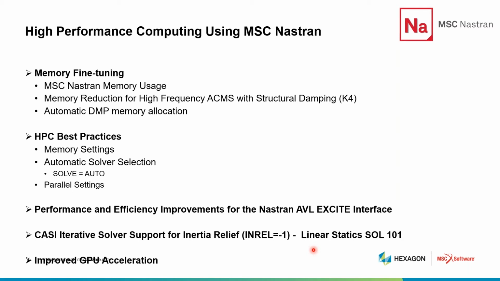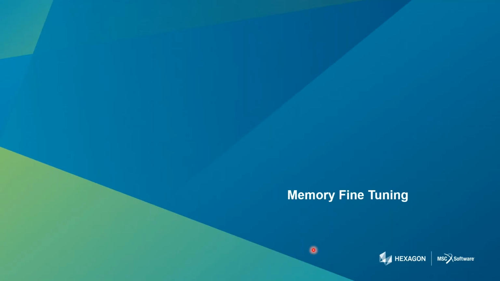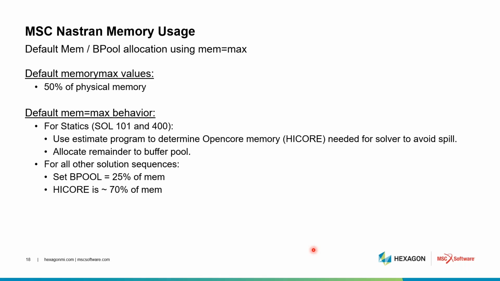Also CASI iterative solver support for inertia relief, PARAM INREL=-1 for linear static solution 101, and improved GPU acceleration support. We'll talk more about that as well. I'll try to be as detailed as possible here, but in the interest of time, this is mainly focused on Rescale, so we'll be as fast as possible.